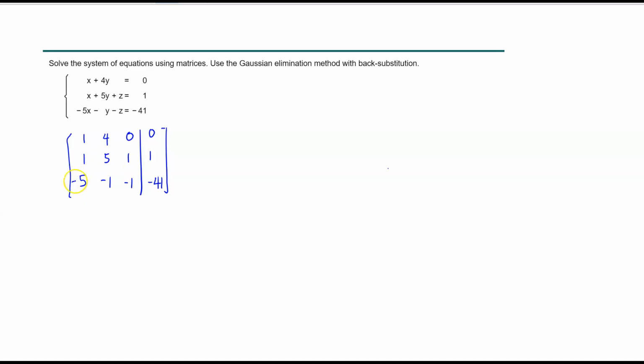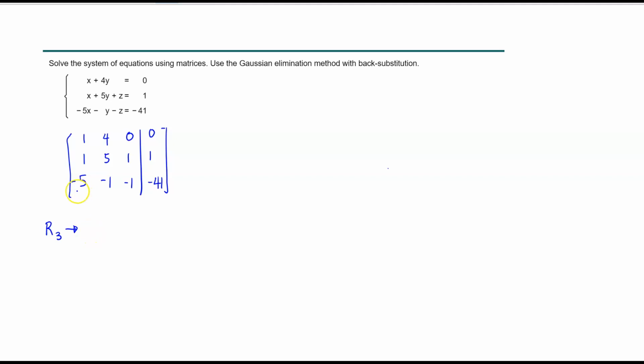So the first goal is to make this third row, first column, this number here, 0. So we would think of a row operation that we can perform so that this particular entry becomes 0. So in other words, we are going to replace R3 by some row operations.